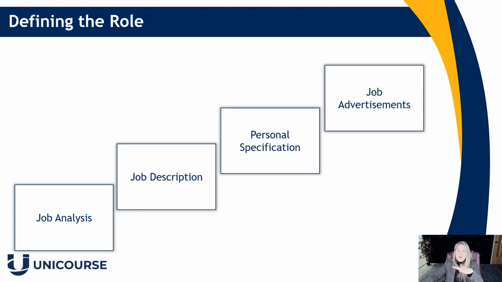The job description provides an overview of the role, including the responsibilities and the objectives. And it can also provide clarity during the induction and even later on performance and objectives.